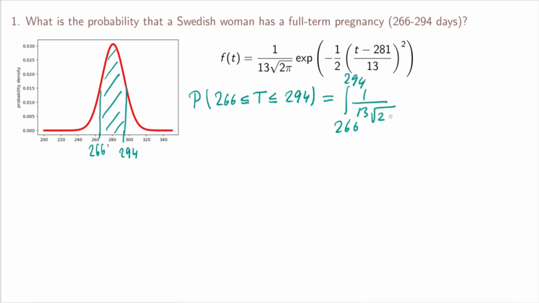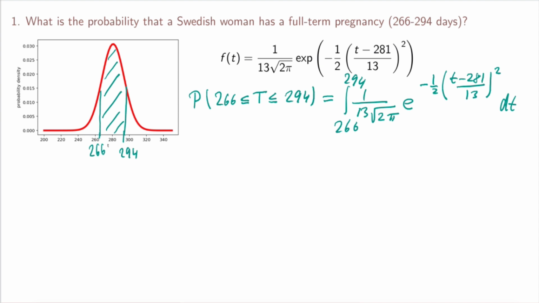1 over 13 square root of 2 pi, and then e to the minus a half times t minus 281 over 13 squared, dt. So now this is also a difficult integral, and this is also something which I cannot solve with elementary functions.